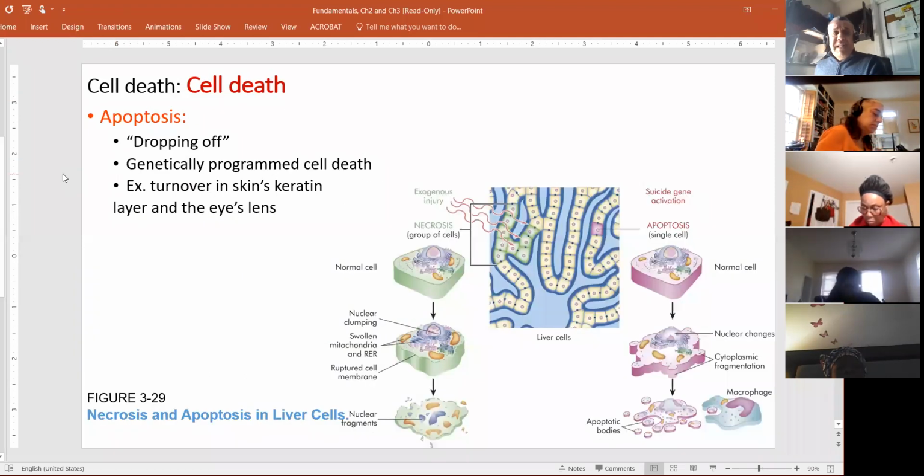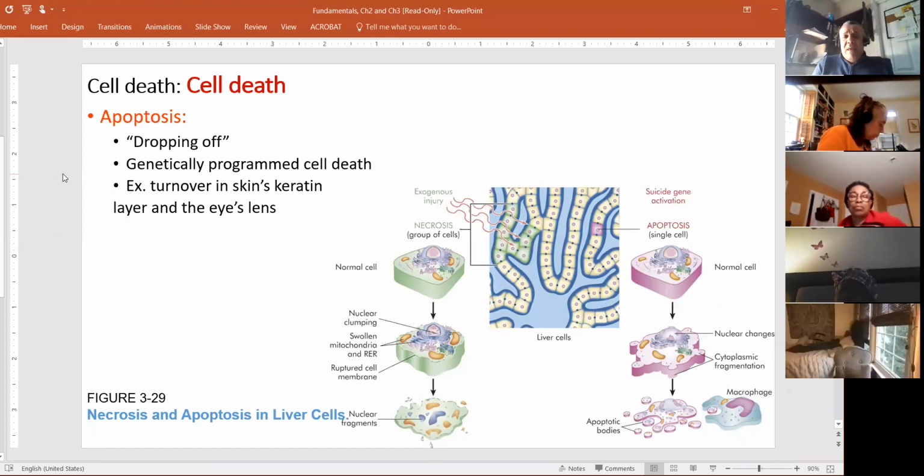All of these are different types of cell death in response to different factors, mostly traumatic agents, microorganisms, disease processes, and chemicals. But here we have a cell death that is normal, natural, genetically programmed cell death, which is called apoptosis.